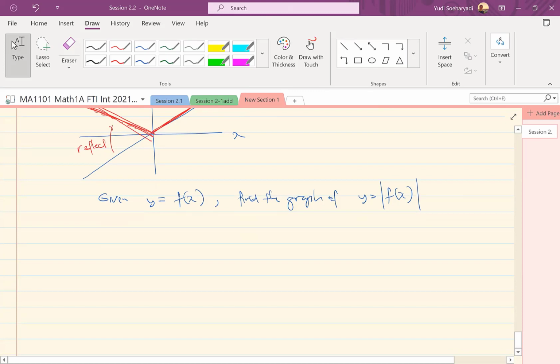All right, so for example, the graph of f looks like this one. Okay, so this is y equals f of x.